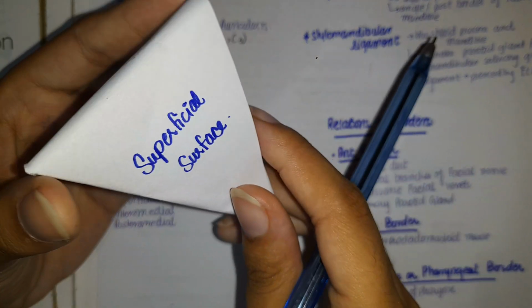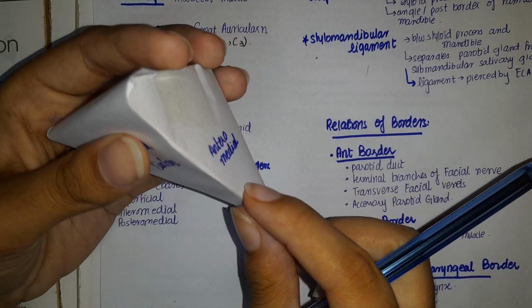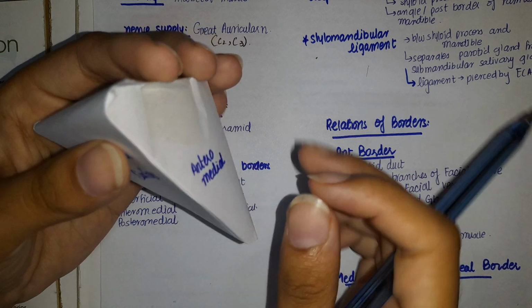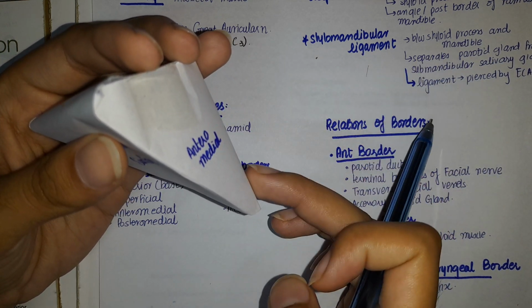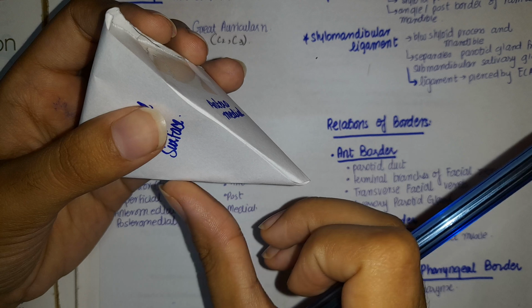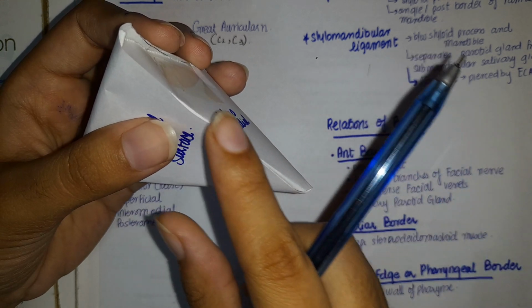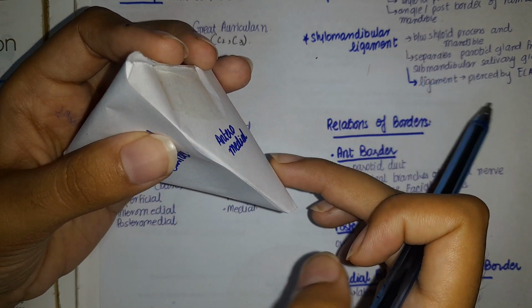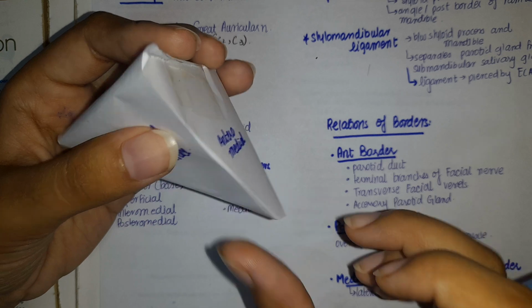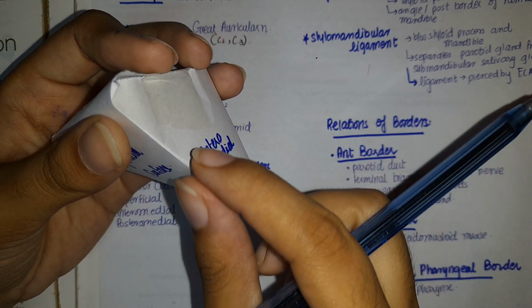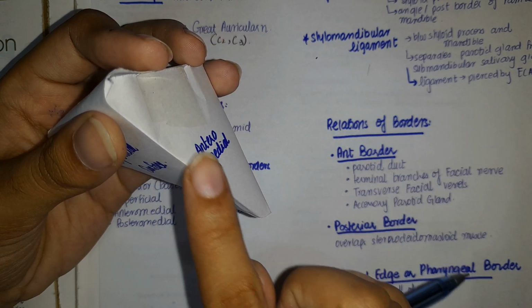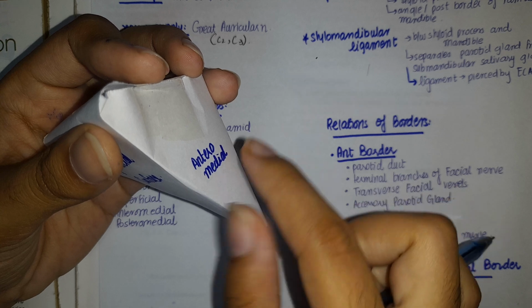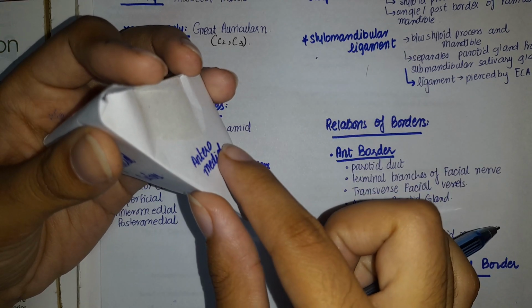First of all, we will place it somewhere over here like this. This is our anterior border. This over here is our medial border. Posteriorly, this is our posterior border. So anterior border, medial border and posterior border. The surface between the anterior border and the medial border will be known as the anteromedial surface.